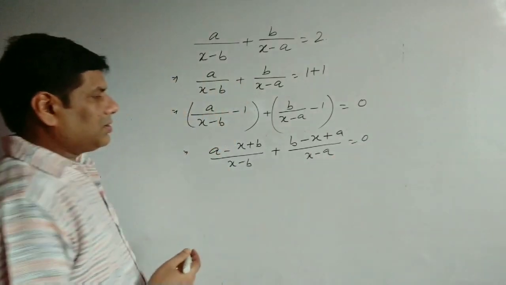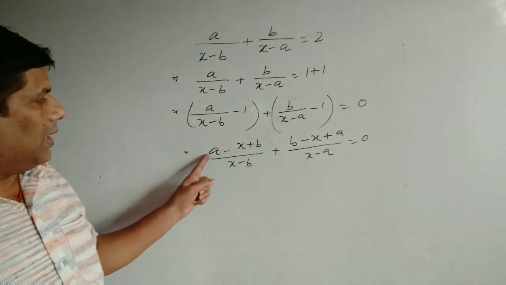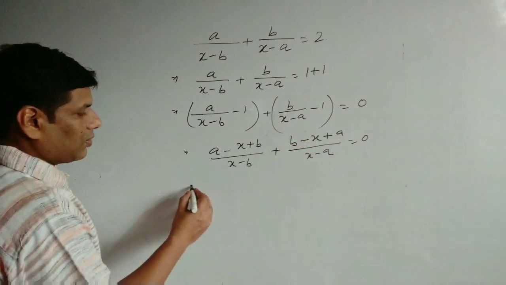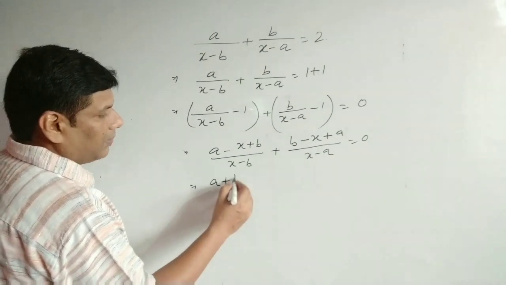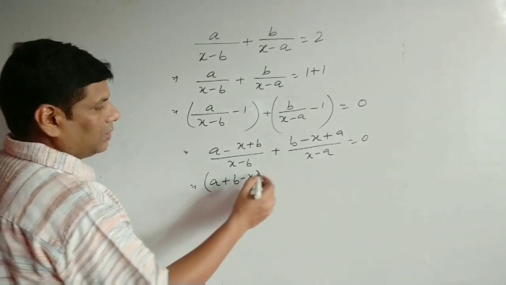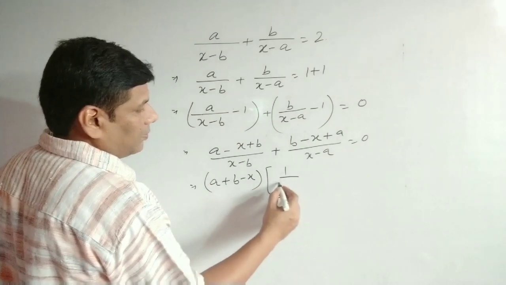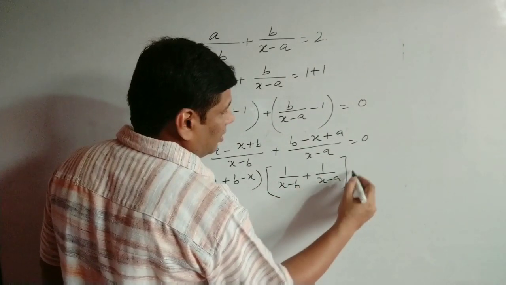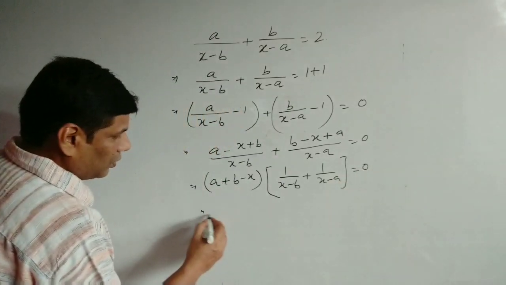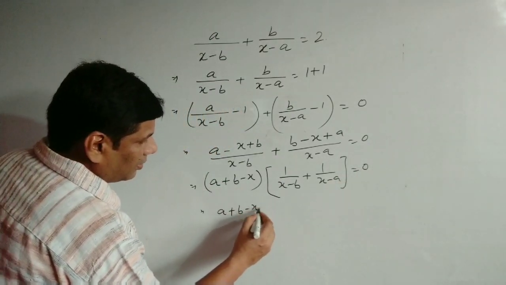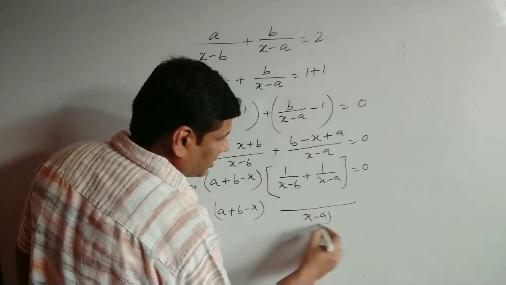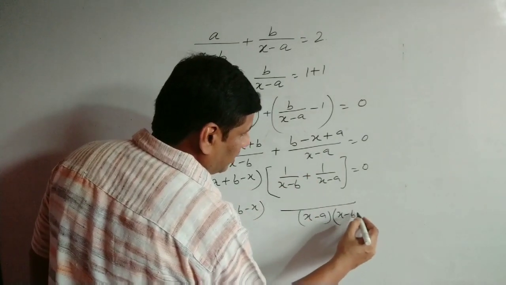Now let us see. In the numerator we have a plus b minus x, a plus b minus x. So we just take common (a plus b minus x) from both of these. Now we will have 1 by (x minus b) plus 1 by (x minus a) equals 0. So we can write again, not solving this one, we will take LCM (x minus a)(x minus b).